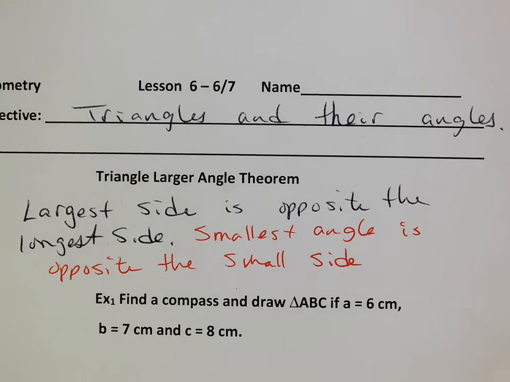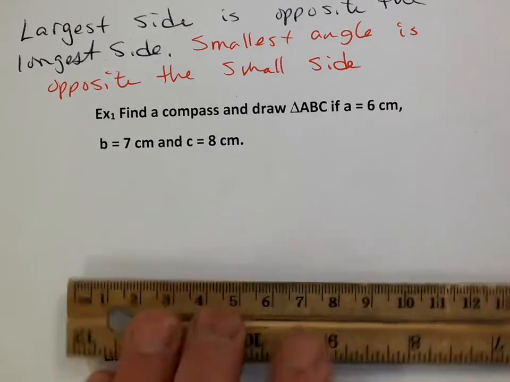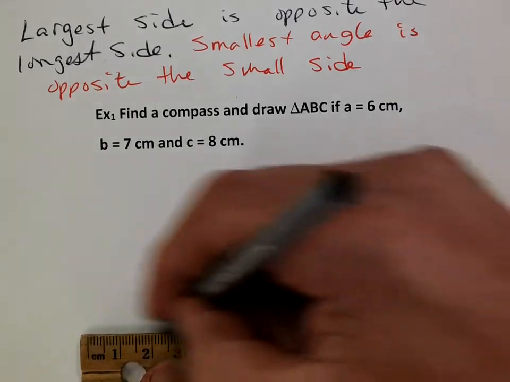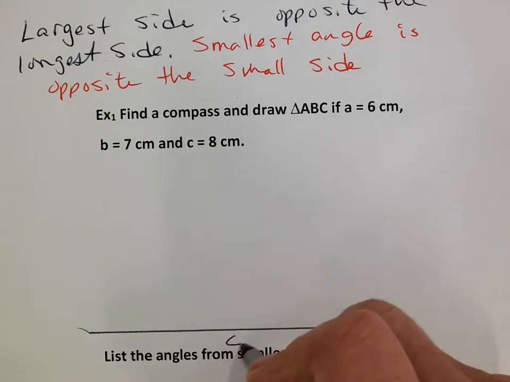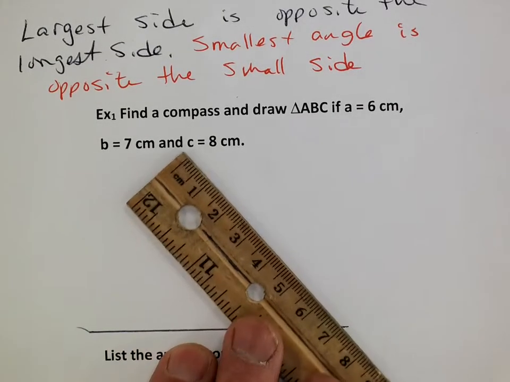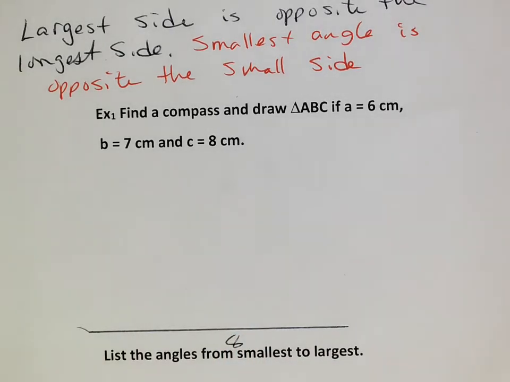So let me put the 8 down here. This is a super easy lesson today, you guys. Okay, 8 is about there. And now my 7 and my 6 have to fit in such a way that they touch. One way I can do this is with a compass.